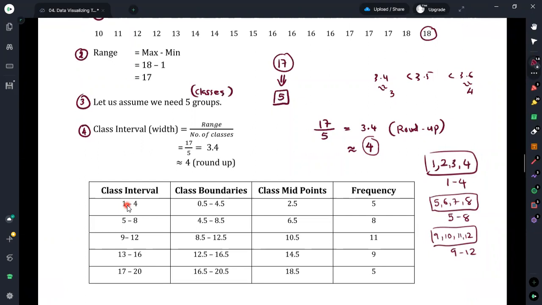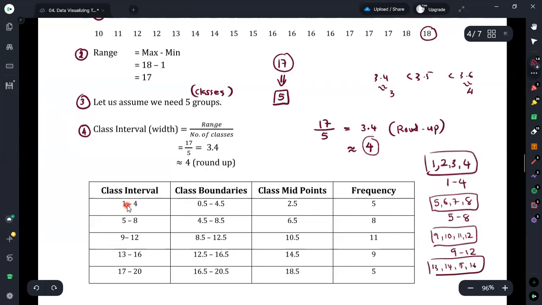Then the fourth class is 13, 14, 15 and 16, starting from 13 and ending at 16. Likewise, the next class starts from 17 and ends at 20. Therefore, this is the number of units that we assign for each class, 1, 2, 3 and 4, so the first class is 1 to 4.